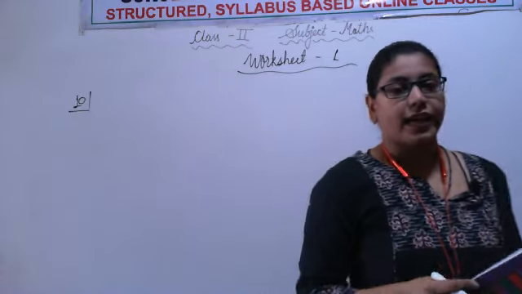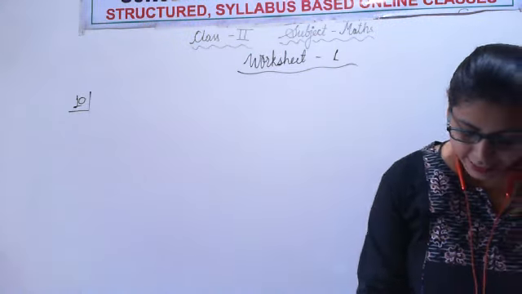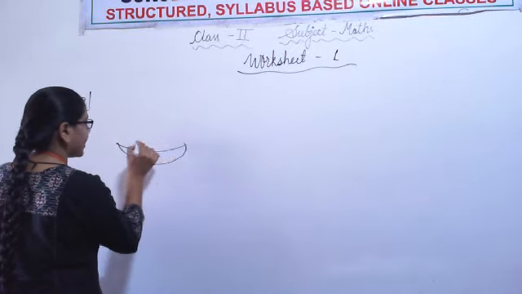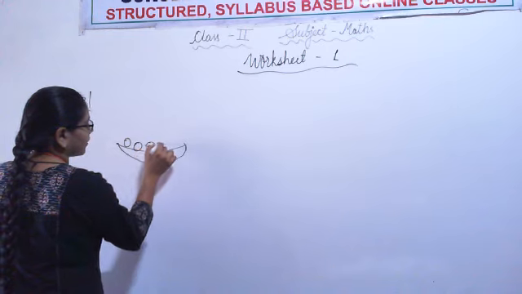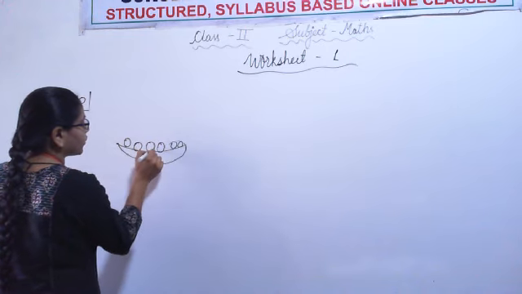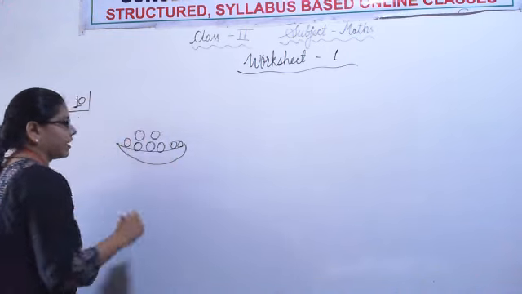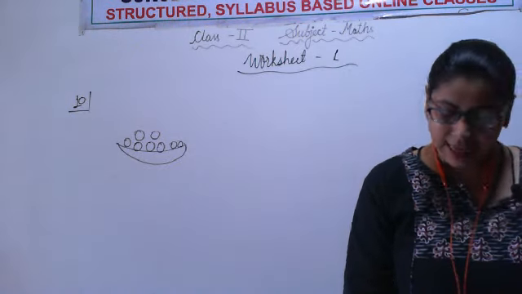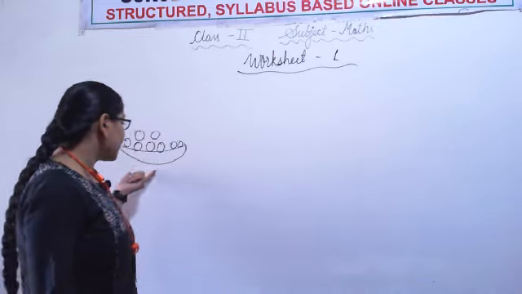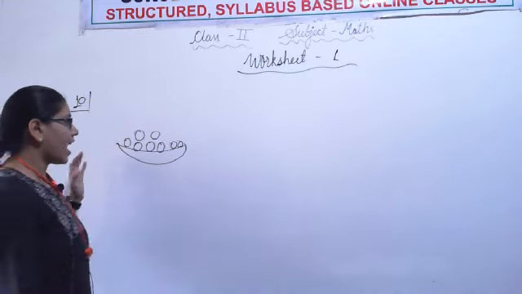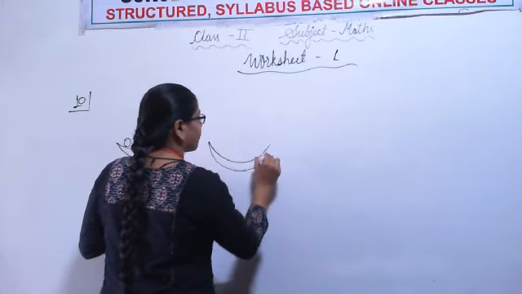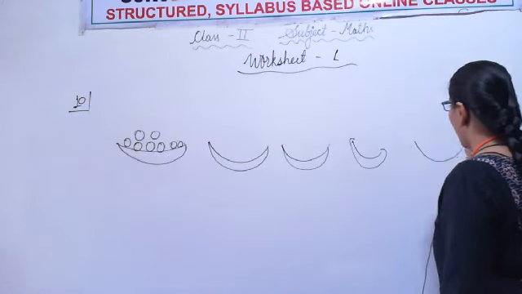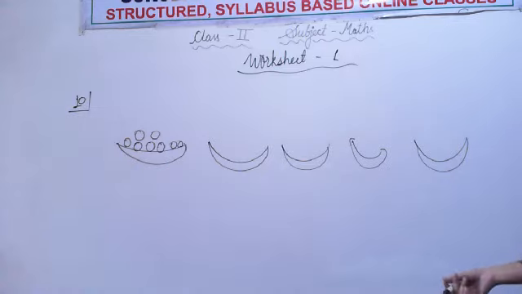There were 8 eggs in a basket, in one basket. There is one basket and 8 eggs are there. 1, 2, 3, 4, 5, 6, 7 and 8. How many eggs would be there in 5 baskets? See, one basket is having 8 eggs. So if 5 baskets were there, 2, 3, 4 and 5, then how many eggs were there?